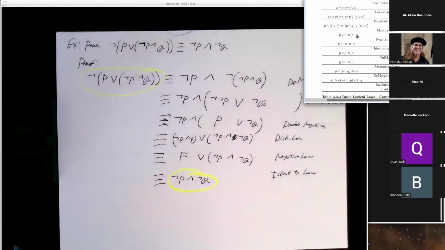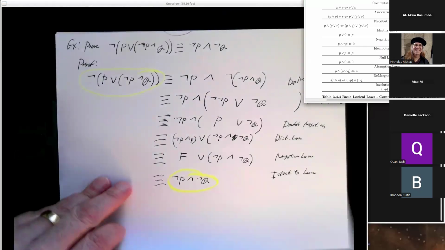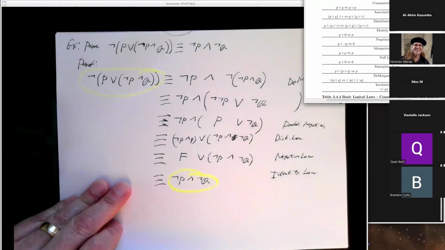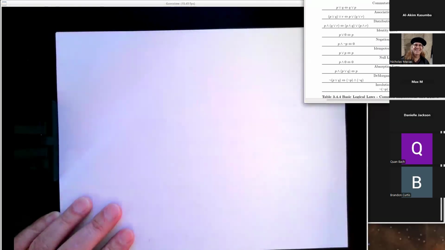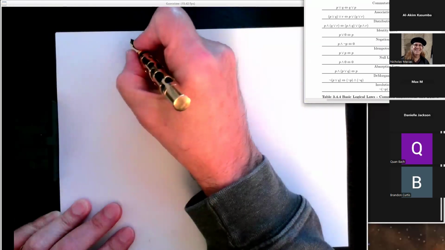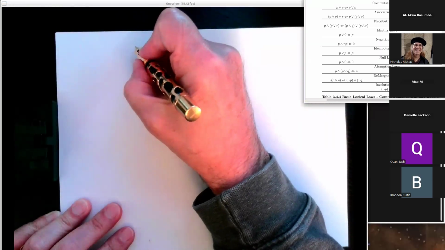So this comes with practice. All right, so we'll come back to that and we'll spend some more time working with that idea of doing a proof. Let's switch gears for a moment.